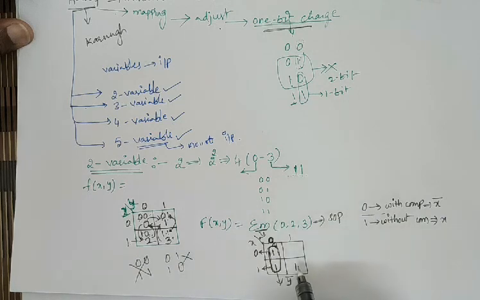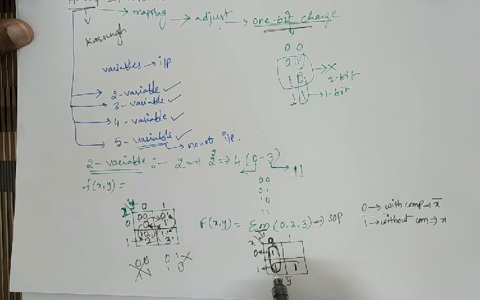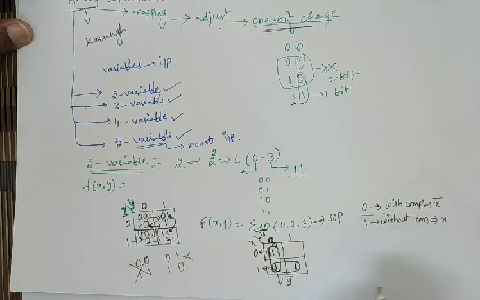Again, term 3 is adjacent to 2, and 3 is also adjacent to 1, but here 1 is not given. We have to map only with the given min terms. Again 3 is adjacent to 2, so we can map any number of times based on adjacency.